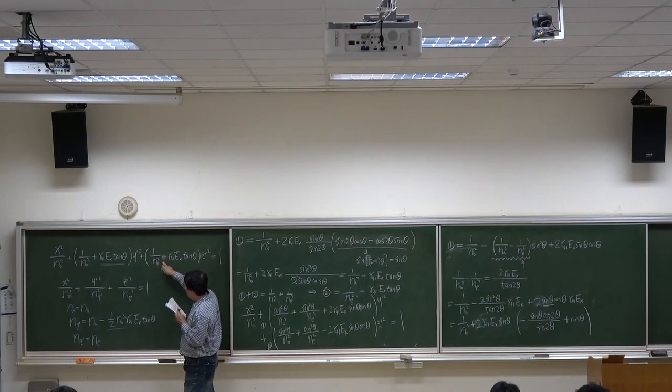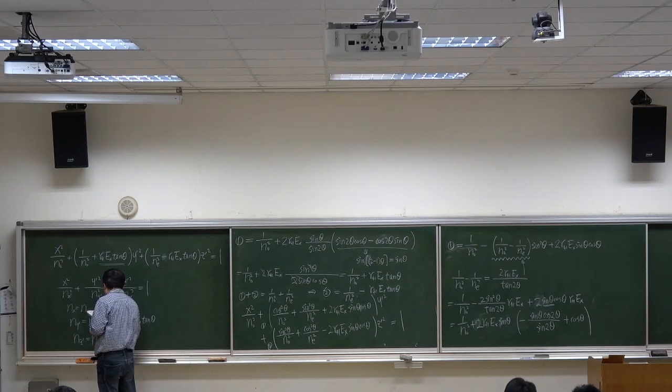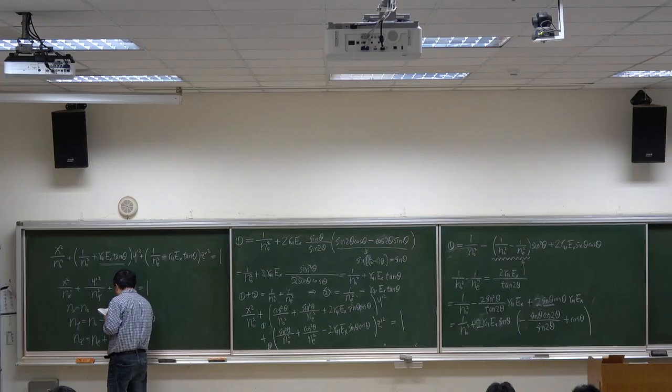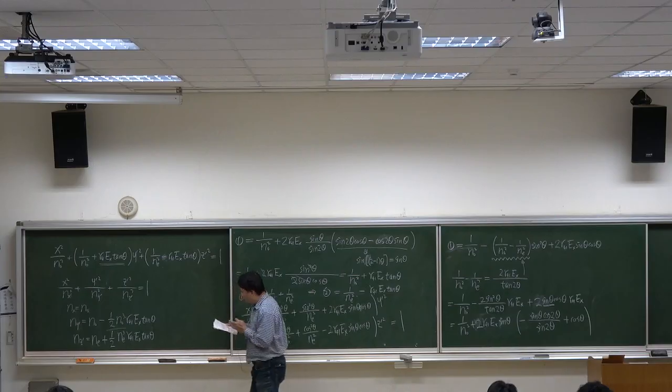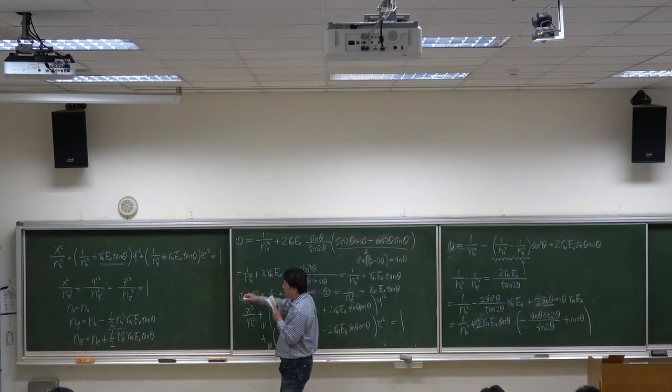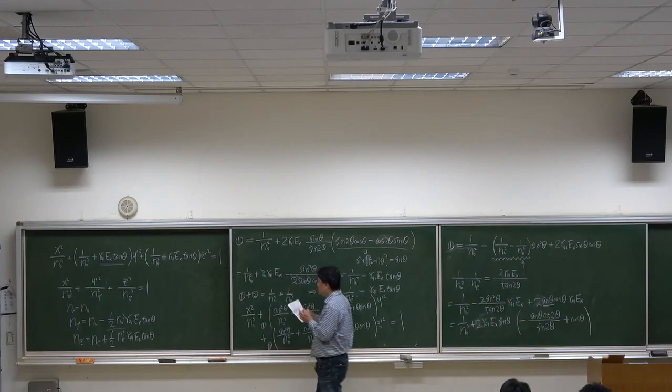The minus sign times minus sign gives us plus sign, 1/2 ne cubed R41 Ex. This is the final result for this case.